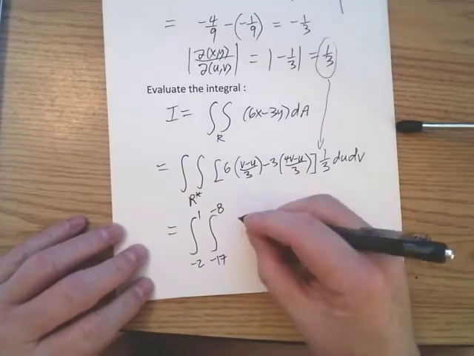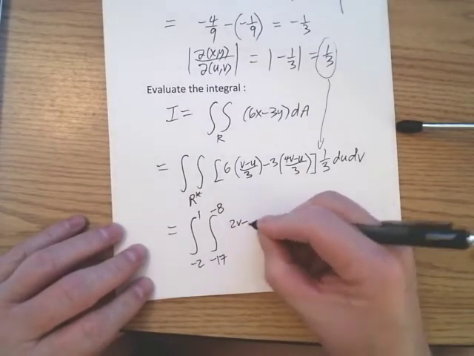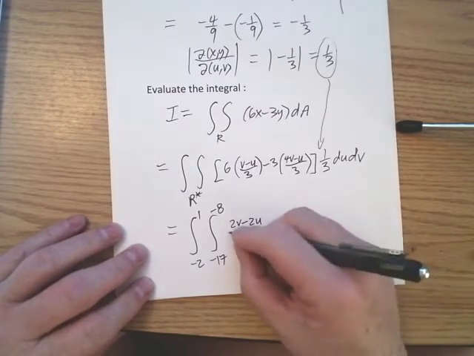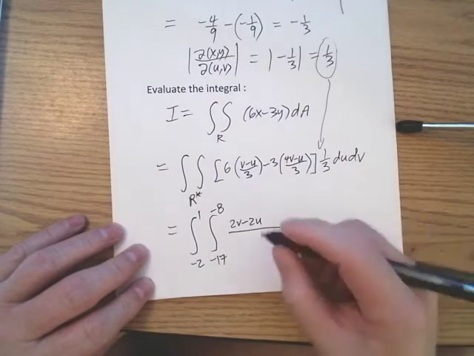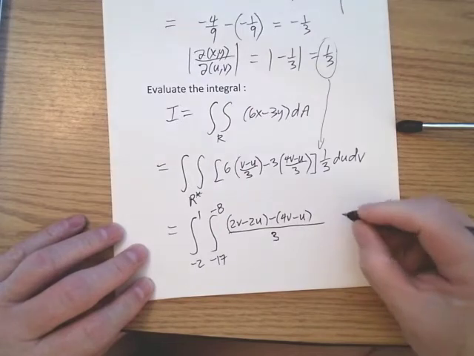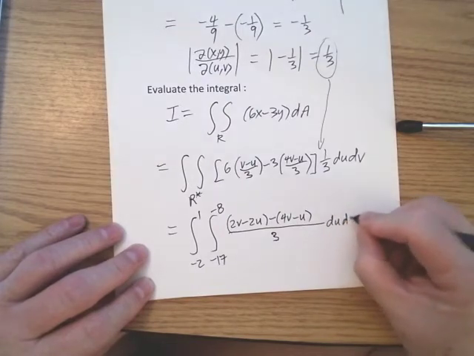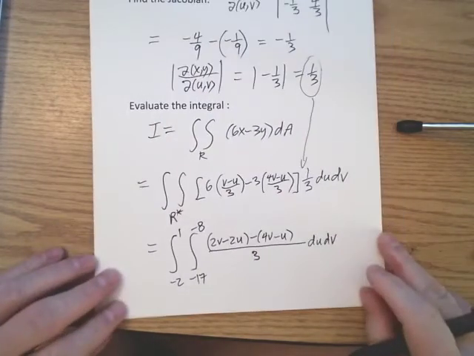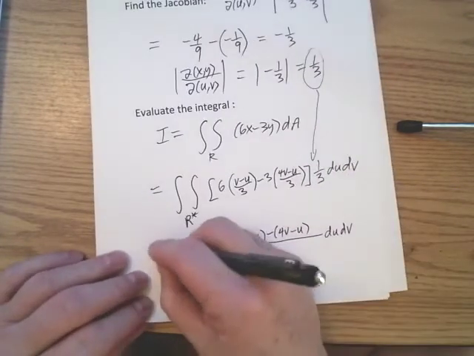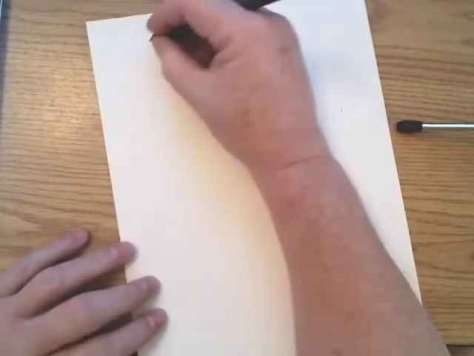What would our integrand be? This would be 2v minus 2u, all over 3 from the 1/3 here, minus 4v minus u, du dv. Okay. All right. So there's our integral here. So that's I. All right. What do we get for that final answer here?